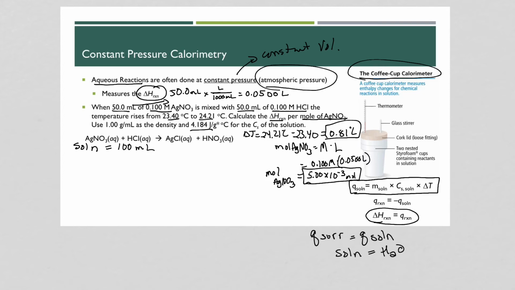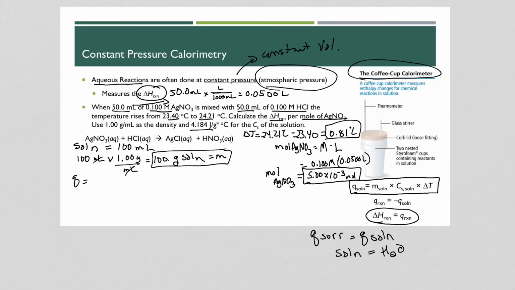Now, I need this as a mass, right? Well, how do we get it from volume to mass? That's where the density comes in. So if I have 100 milliliters times 1.00 grams per milliliter, that means I have 100 grams of solution. So this is my mass.